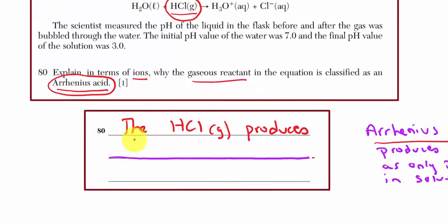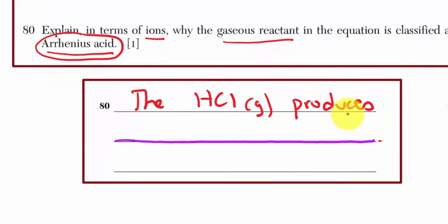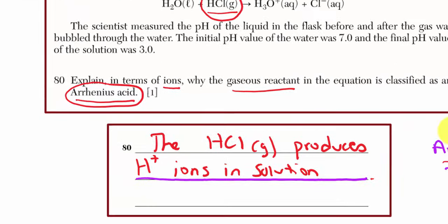It's hydrochloric acid. So the HCl gas produces H+ ions in solution. We could also say H3O+ ions if we wanted to, and we could expand on this if we wanted to, but this is the plain and simple answer. The hydrochloric acid produces hydrogen ions in solution.